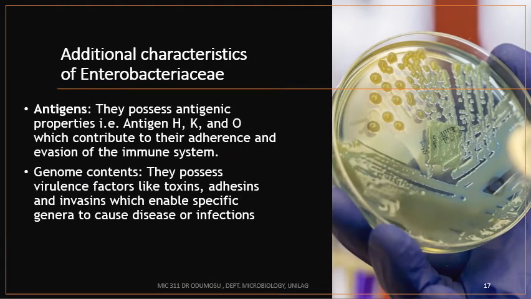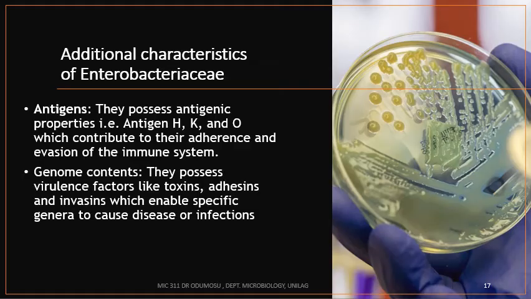They also possess antigens. These antigens are properties that contribute to their adherence and evasion of the immune system and immune responses. They possess antigens such as K, H, and O. Their genome content also possesses virulence factors such as toxins, adhesins, and invasins.